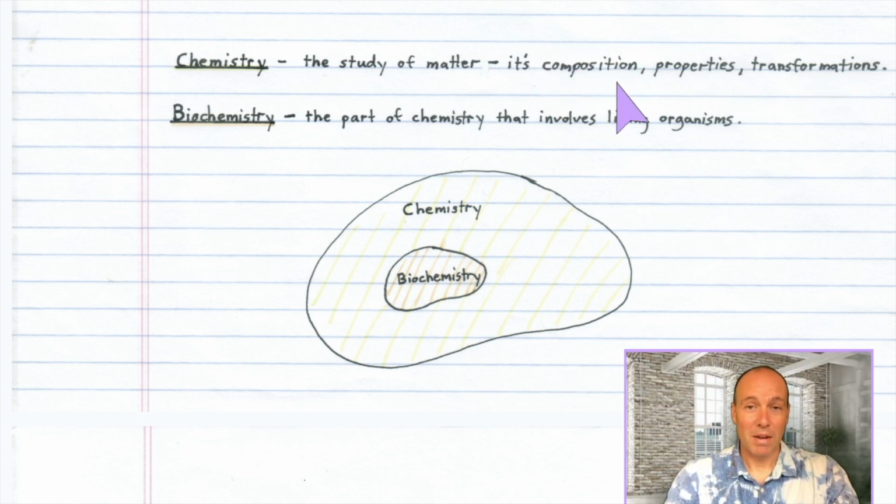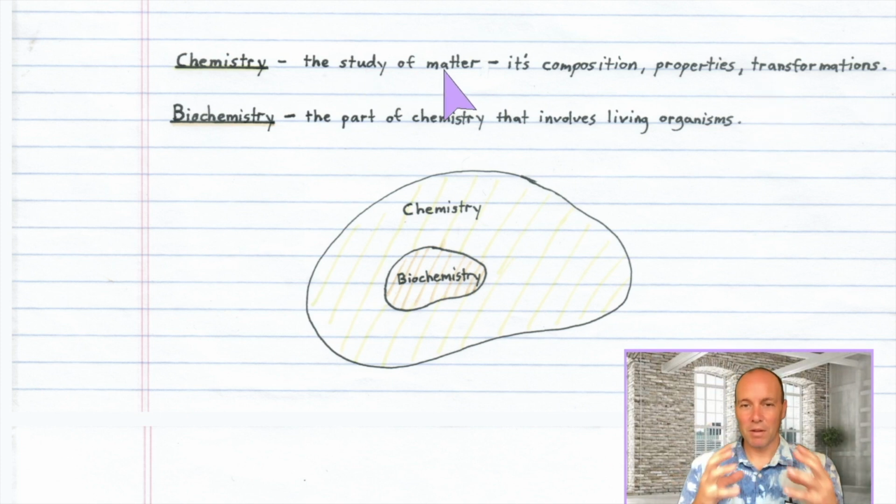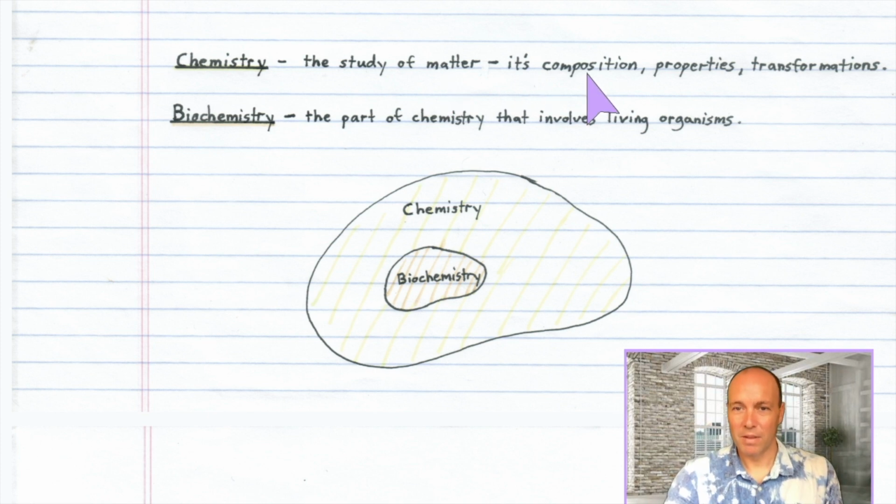What it's made of, the stuff that it's made of, how it behaves, what are some properties of it, and how does it change, its transformations. So chemistry is the study of material, what it's made of, its properties, and how it changes. And biochemistry is the part of chemistry that involves living organisms.